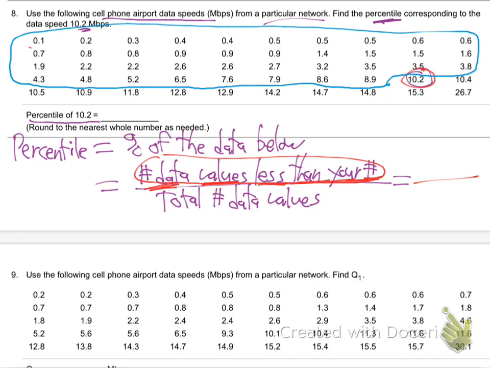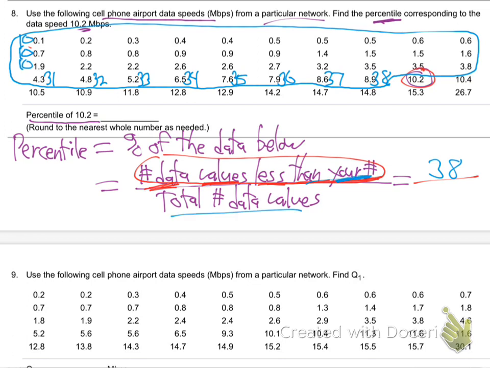All those data values are less than 10.2. How many is that? Well, there's 10 per row. There's 10 in this row, 10 in this row, 10 in this row. That's 30. This is number 31, 32, 33, 34, 35, 36, 37, 38. There's 38 data values less than our data value.